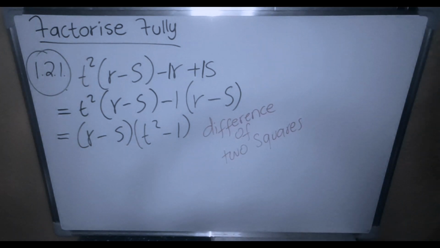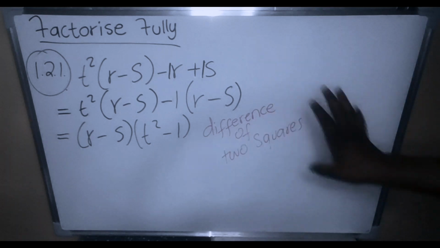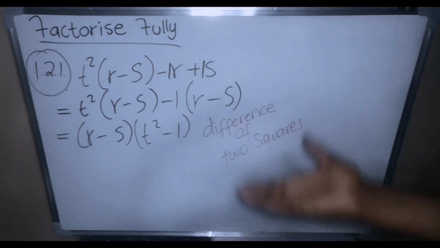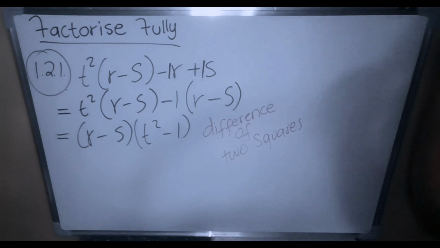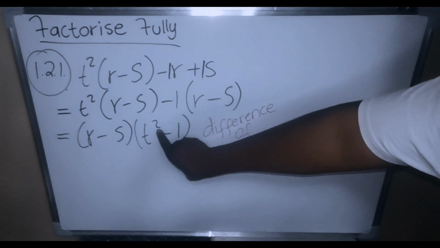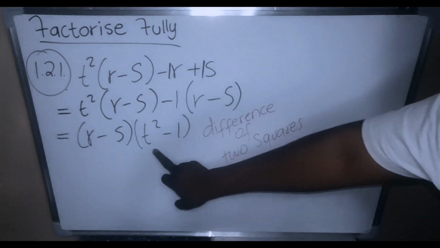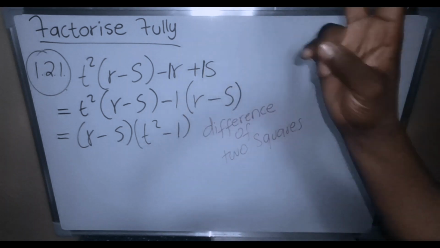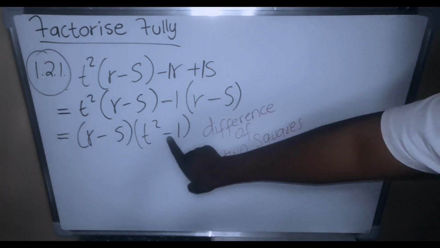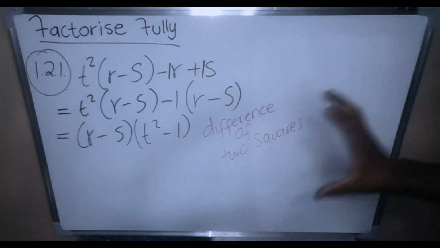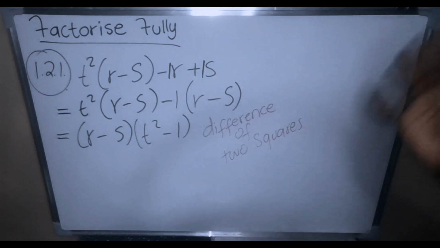How do you treat it? It's so important to familiarize yourself with difference of two squares and how to solve expressions that involve it. You'll know it by having a square and a minus in the middle. As long as you've got two terms, the first term and the second term, with a minus in the middle and a square, then that expression is the difference of two squares. Then how do you simplify it?